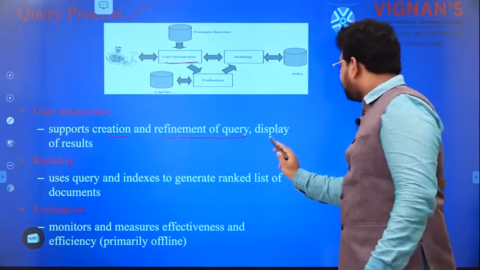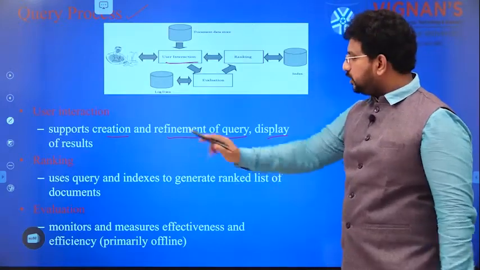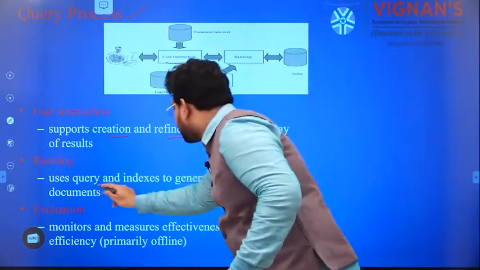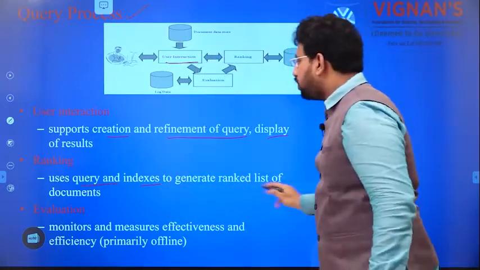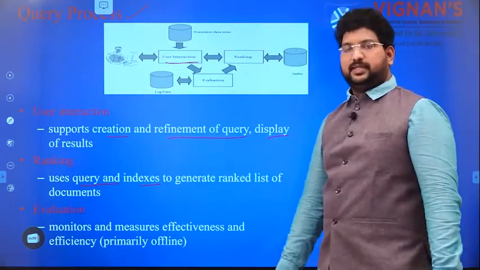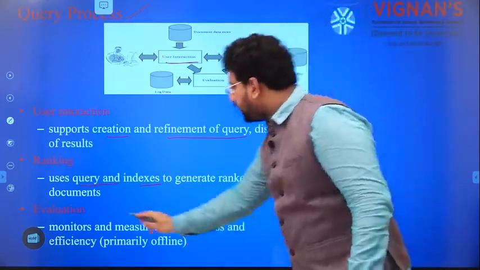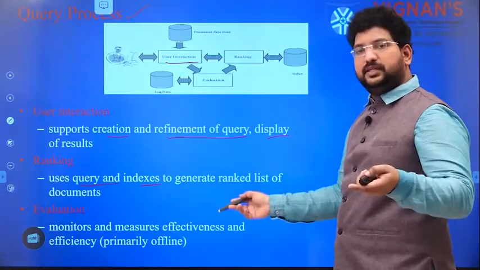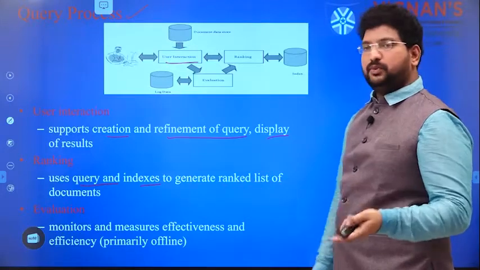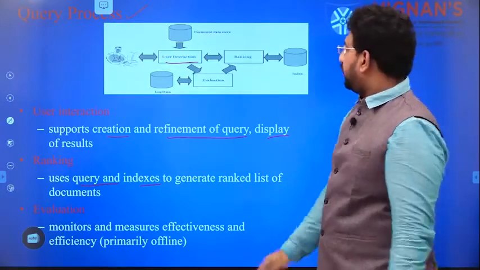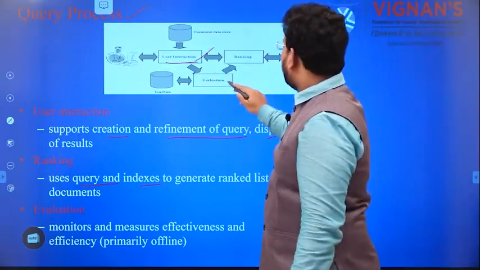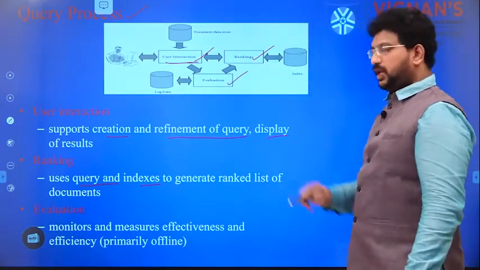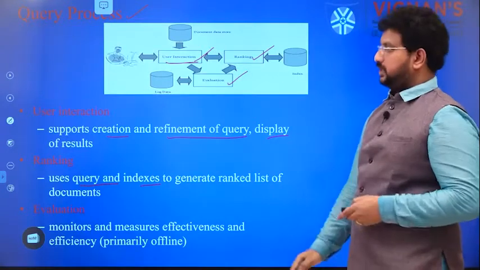The second one is ranking, which uses the query and indexes to generate a ranked list of documents. The third component is evaluation, which monitors and measures effectiveness and efficiency, primarily offline. So these are the main three components of the query process.